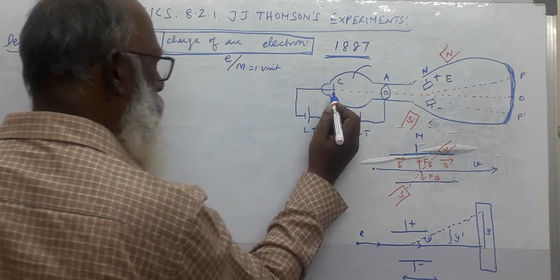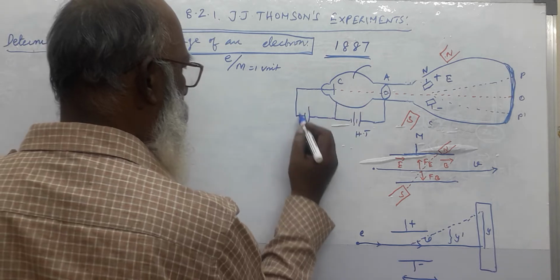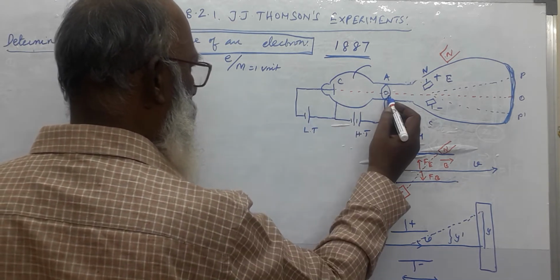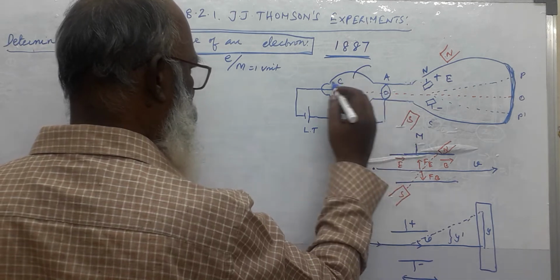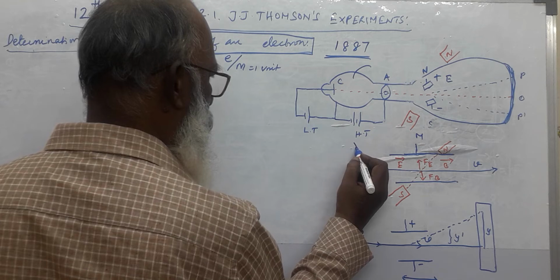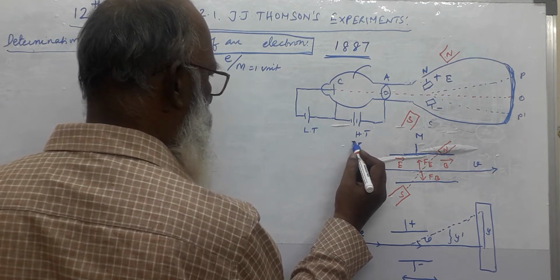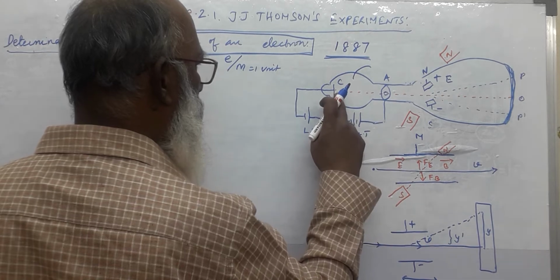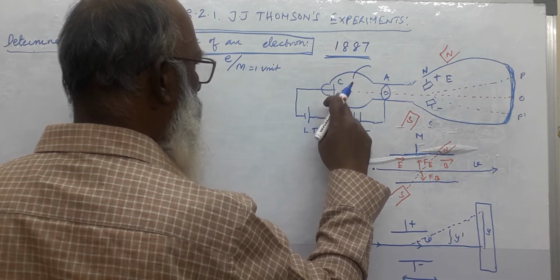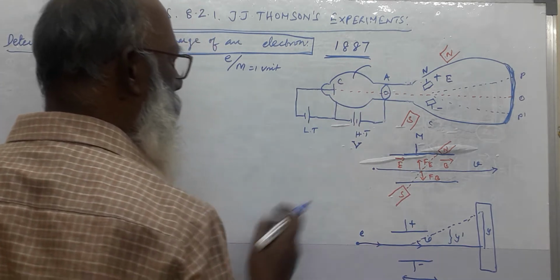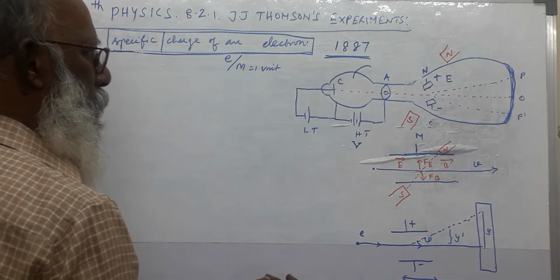Here, the cathode terminals are connected with the low tension battery of negative, whereas the anode and cathode are connected with the high tension battery. When we apply the voltage V to the terminal of the anode, the scattered electrons from the cathode hit the anode, and there is a pinhole in the anode itself.